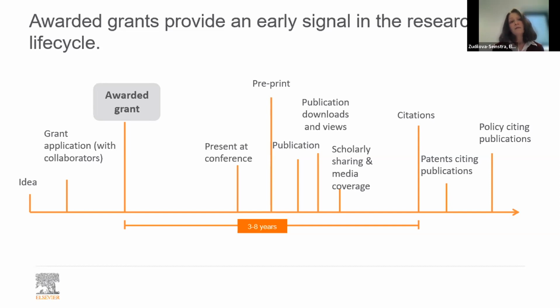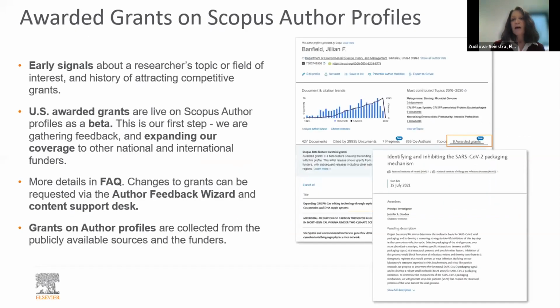So all this information we actually try to preserve and show on author profiles in Scopus. And you see that recently we also added awarded grants. So for instance, if a researcher is a principal investigator or co-applicant of a grant, this information will appear on the profile of this specific researcher.